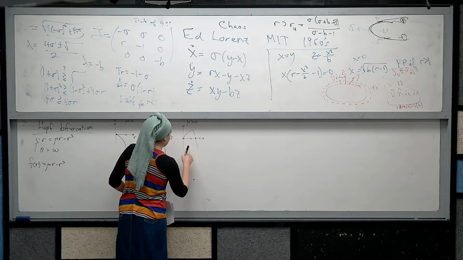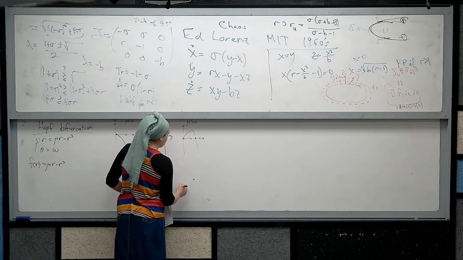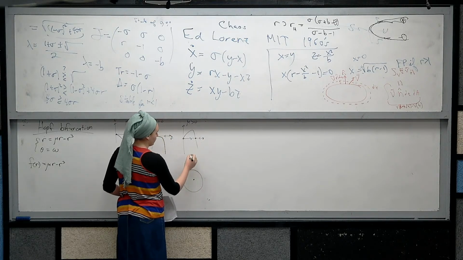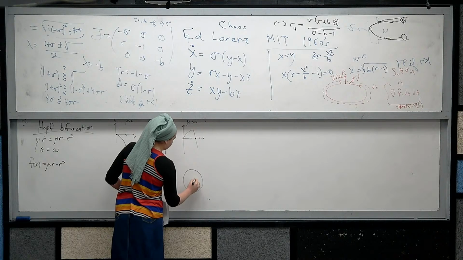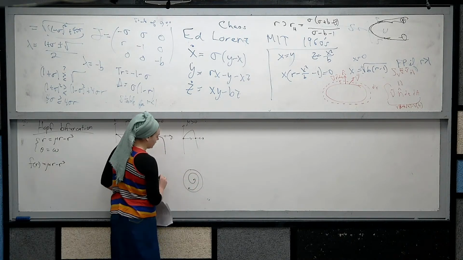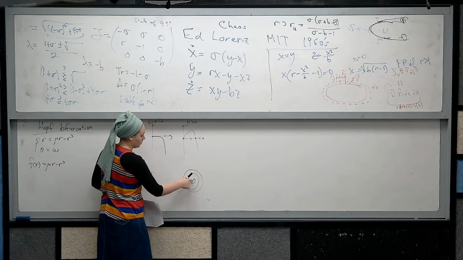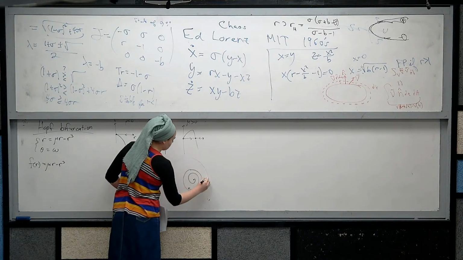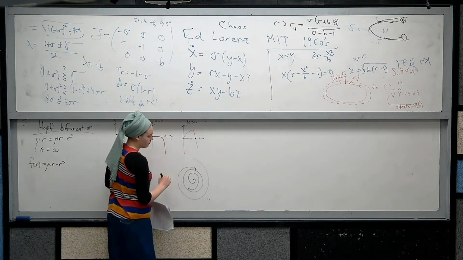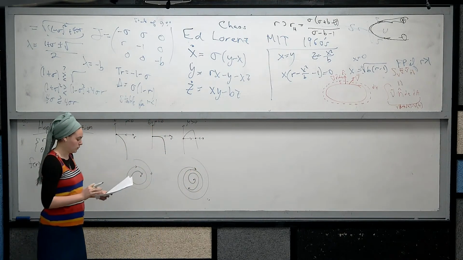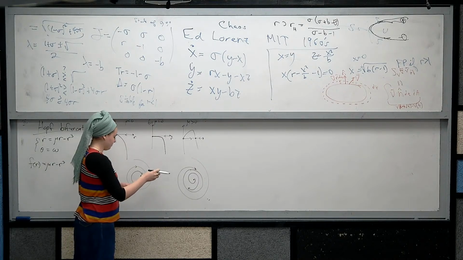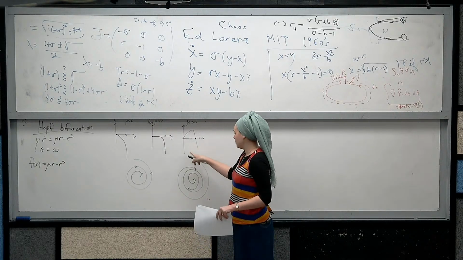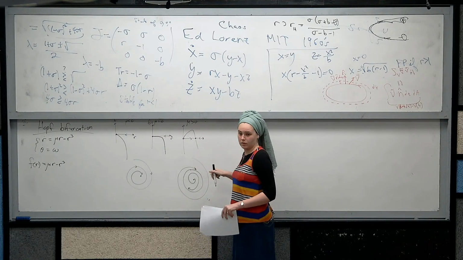And when mu is bigger than 0, we have r equals 0, and we have another circle, a limit cycle, inside which r equals 0 is unstable and this r is stable. Okay, so we can see that we have a bifurcation for this point.